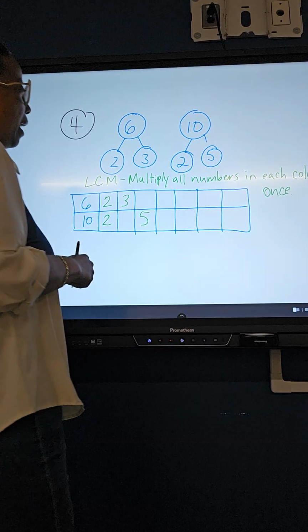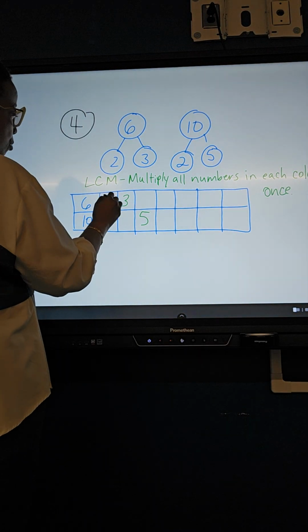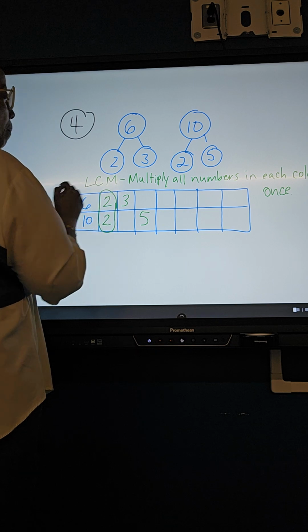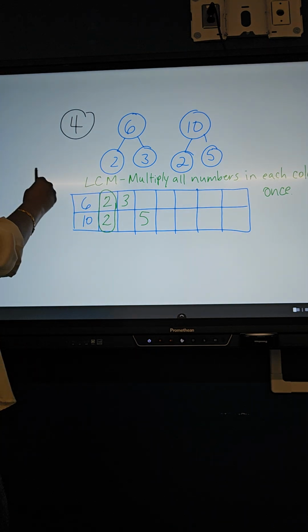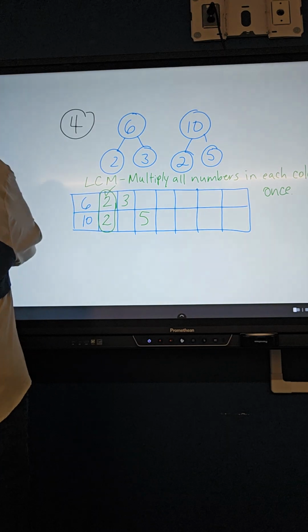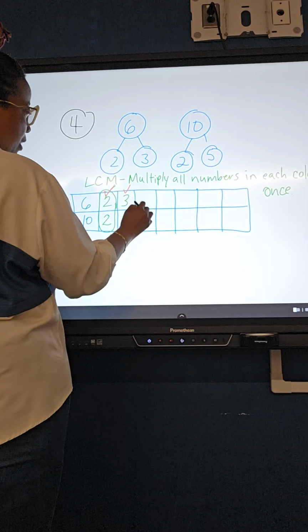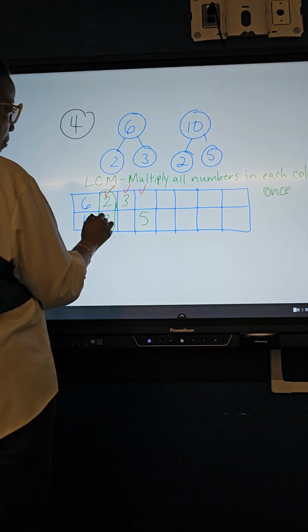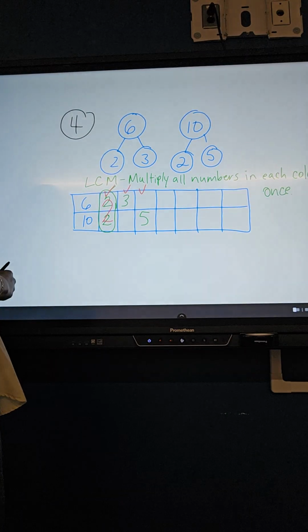Okay, multiply numbers in each column once. So in other words, I see 2 2s here in the chart, but we don't say 2 twice. That is given to us once. So this is 2. This is 3. This is 5. So you don't say 2 times 2, that's 2. So I could just write over it and just say 2, right?